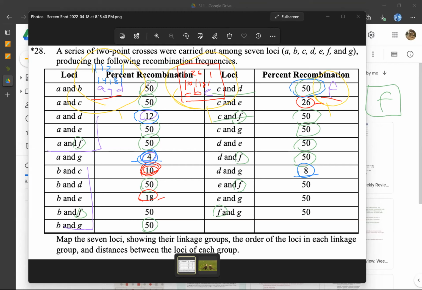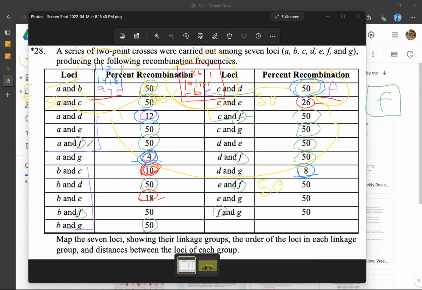So we know that the distance between this group and this group is 50. This group and this group is 50. And this group and this group is also technically 50. But this 50 doesn't indicate anything about, like, this F could actually be over here, but still 50. And they're just too far away. We don't really know.